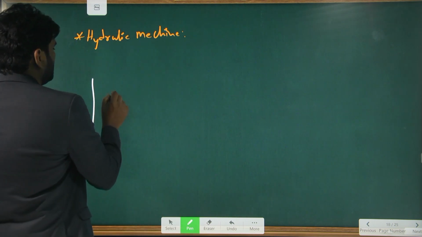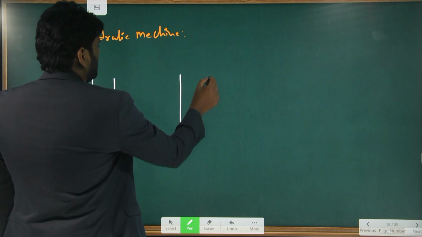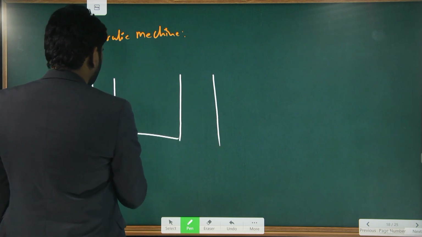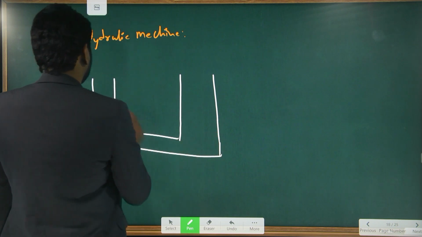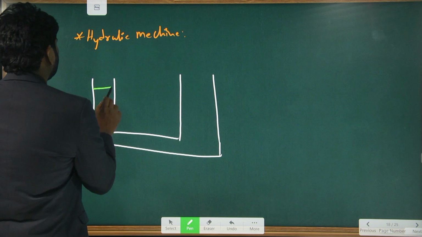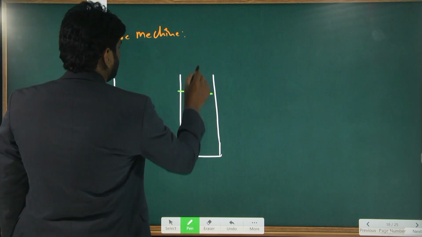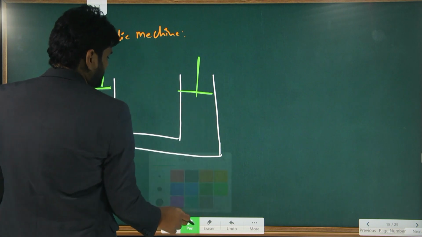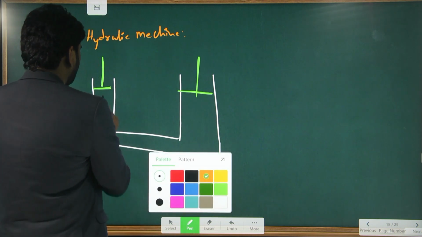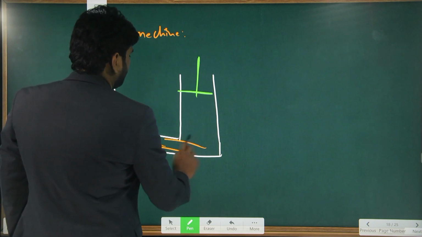The hydraulic machine has two plungers of different cross-sectional area. This is the first piston, and this is the second piston, and it is completely filled with incompressible liquid.